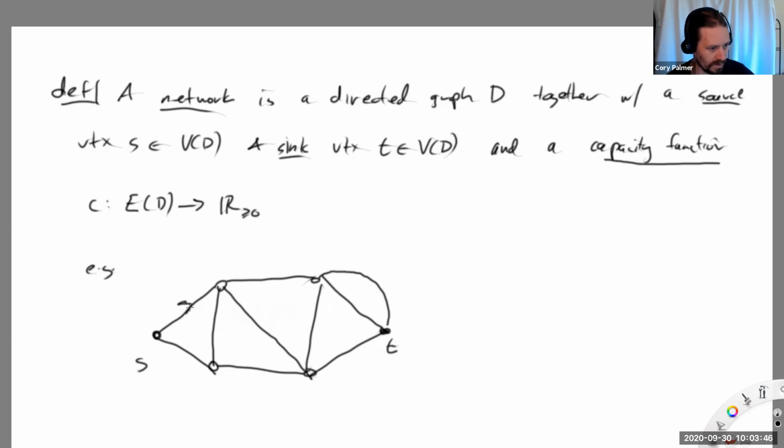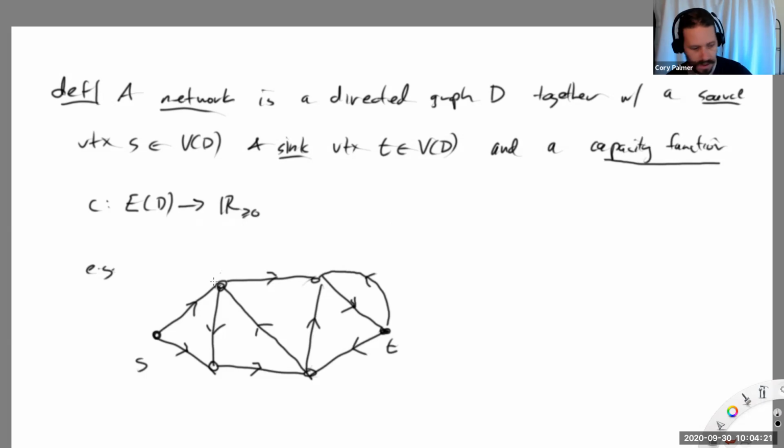Okay, and let's say the arcs are oriented as follows. 2 arcs are going out from S. Maybe this one's going down here. And then this one goes into T, out of T. And then this one goes up. Okay, so here's our digraph, and then each edge is assigned a positive real.